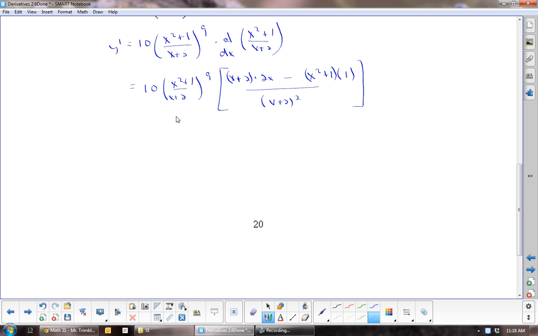Okay. Now, this is the same thing as 10 times (x squared plus 1 all over x plus 2) to the 9 times (2x squared plus 4x minus 1x squared minus 1) all over (x plus 2) squared.